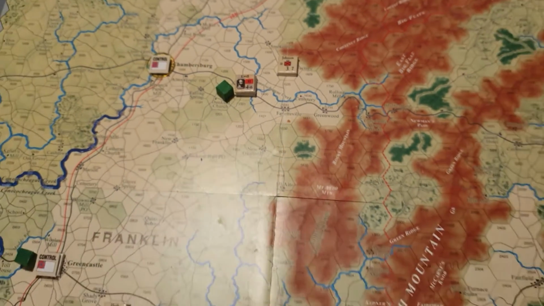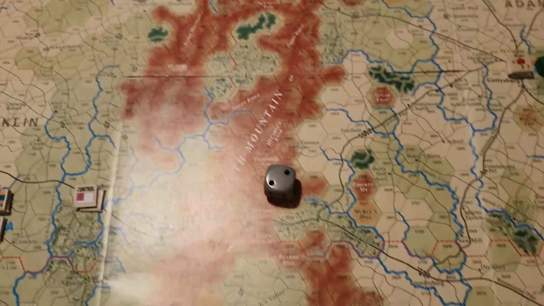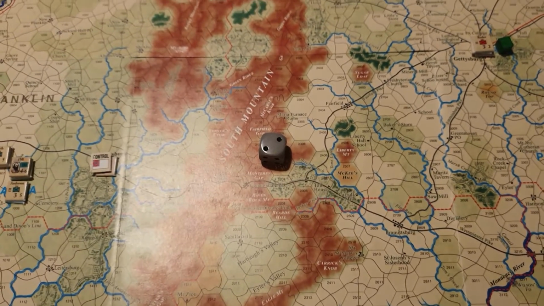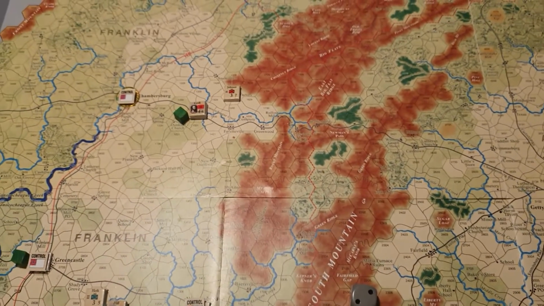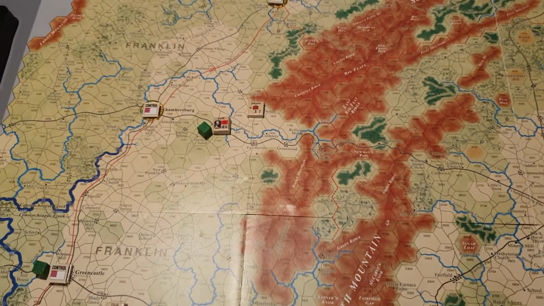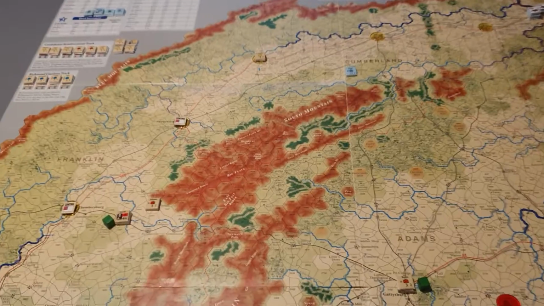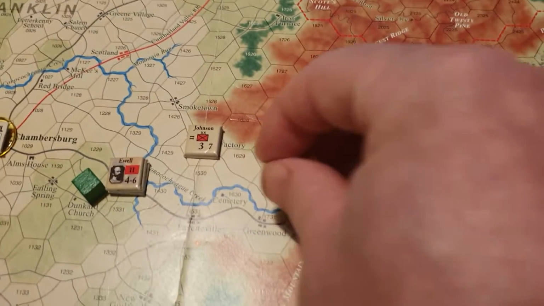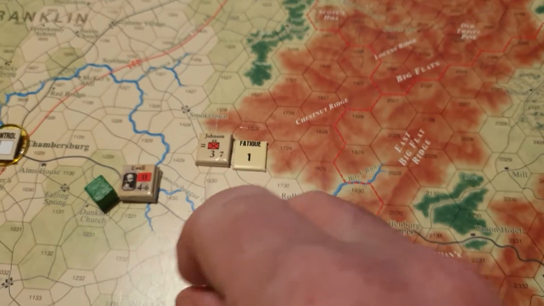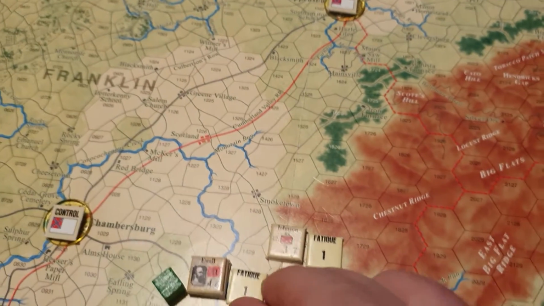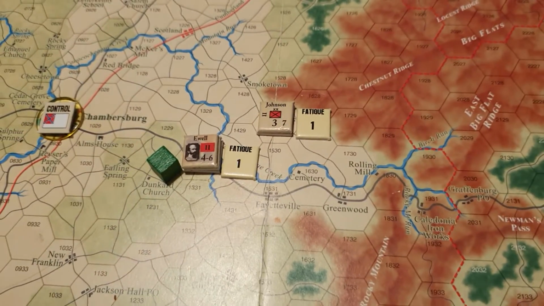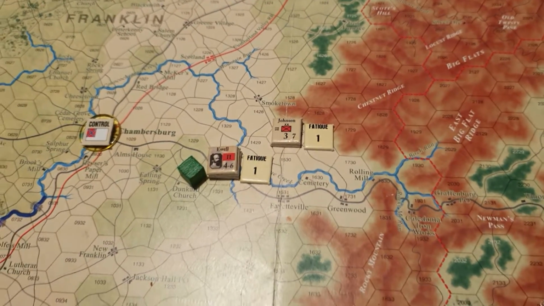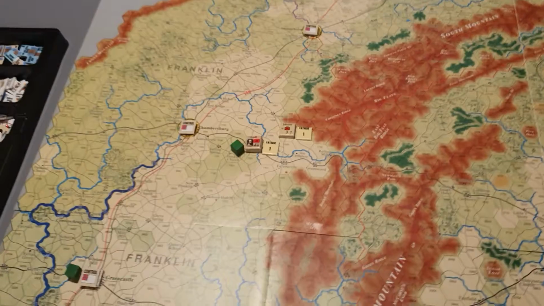So let's roll for this. So Confederates, I get a 2. Because I've got a leader activation, that becomes 4. That means I have 4 movement points to move these units. First thing you do when you've activated a unit and you're about to move it is you put fatigue against it. So both these units are going to pick up a fatigue level of 1. There are 4 levels of fatigue, which shows you how exhausted your troops are.